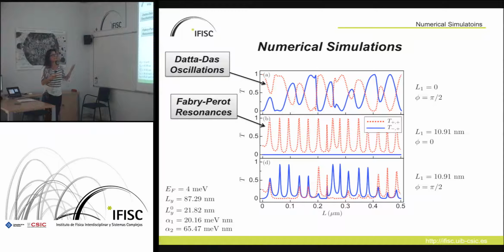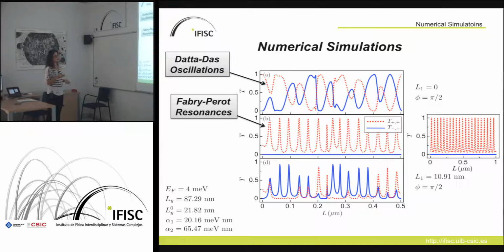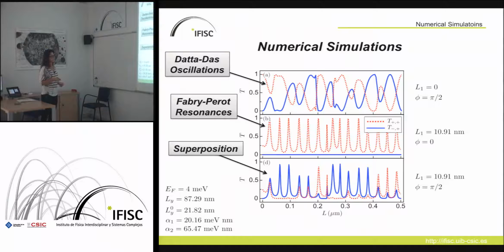This indicates that the mixing term is more important for the Datta-Das effect than for the Fabry-Perot effect. Because if we compare this with the one-dimensional case, we observe also more resonances, but more or less it is very similar. Now, if we combine both effects, we obtain this kind of picture in which the quasiperiodicity doesn't exist.